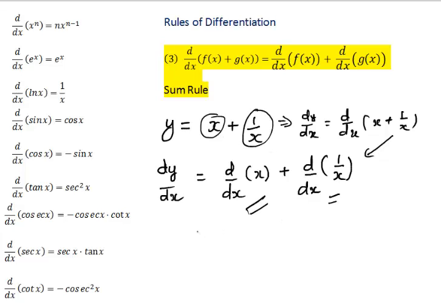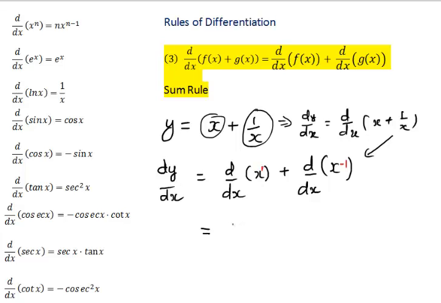So you can proceed further now. This one is x to the power 1 here, and this one you can write as x to the power of minus 1. We can do that.